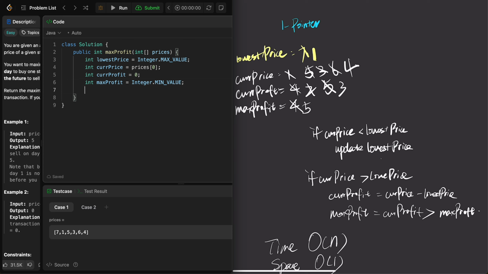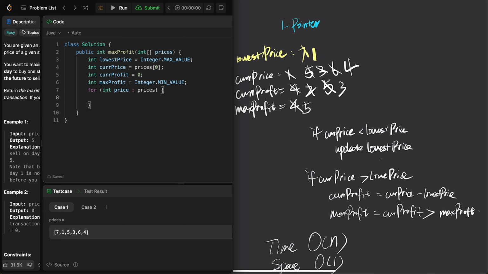And now let's start our journey to go through the whole array, like for int price in prices. And now we can do the calculation. How we update the lowest price is the minimum of the current value and the lowest price.